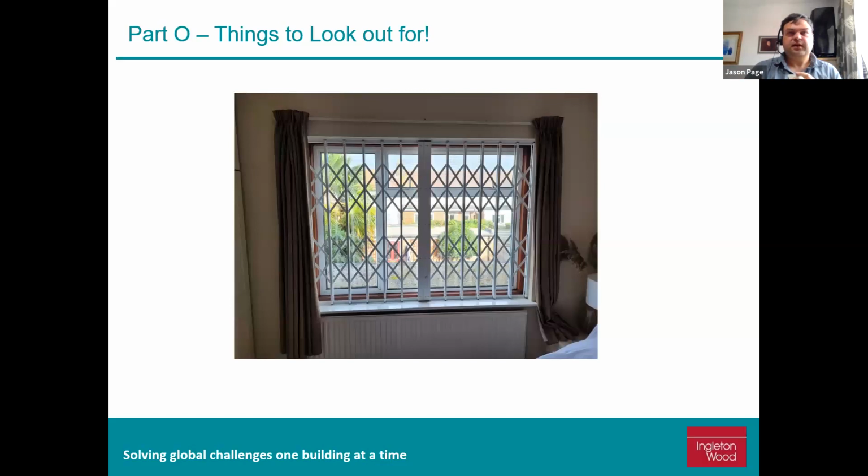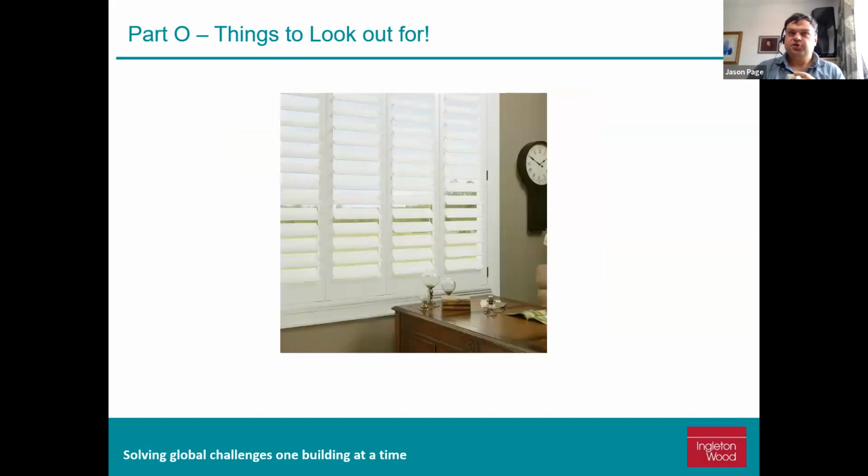Internally, we can use sliding or removable security options. Shutters look a lot better and are actually recommended in Part O, but the problem with these is they reduce down the free area significantly.